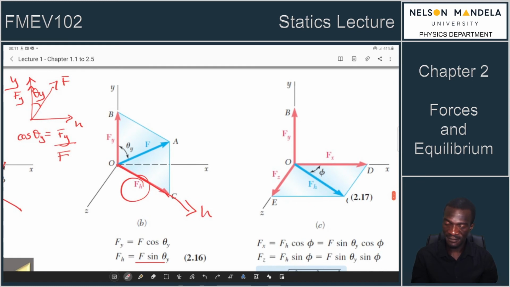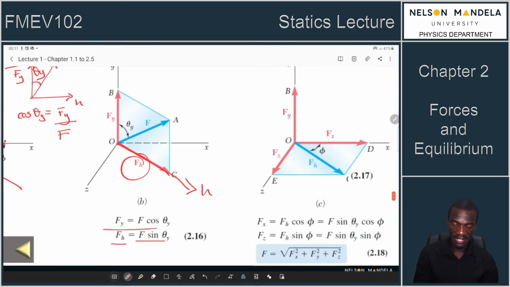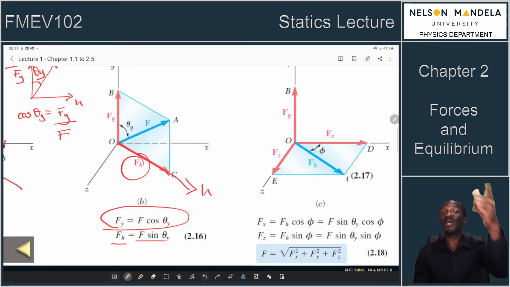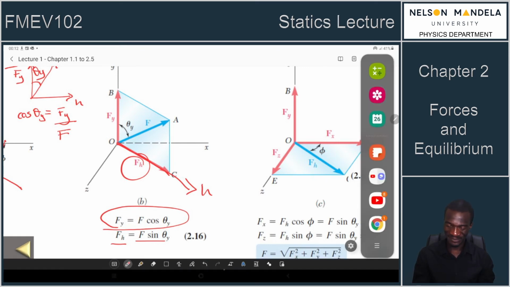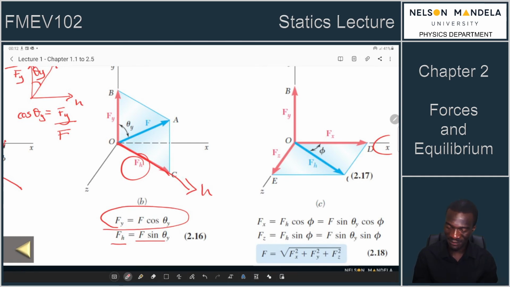So you have the force FH, which we already drew here. It's already drawn for us, actually, and we've got that angle. We already figured out F in the Y before in this equation. This F in the X is now a component of this horizontal force in the X direction.